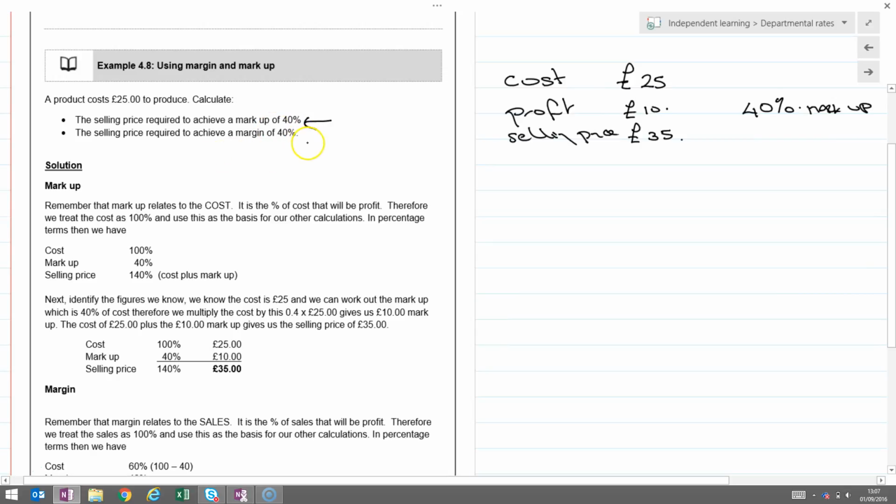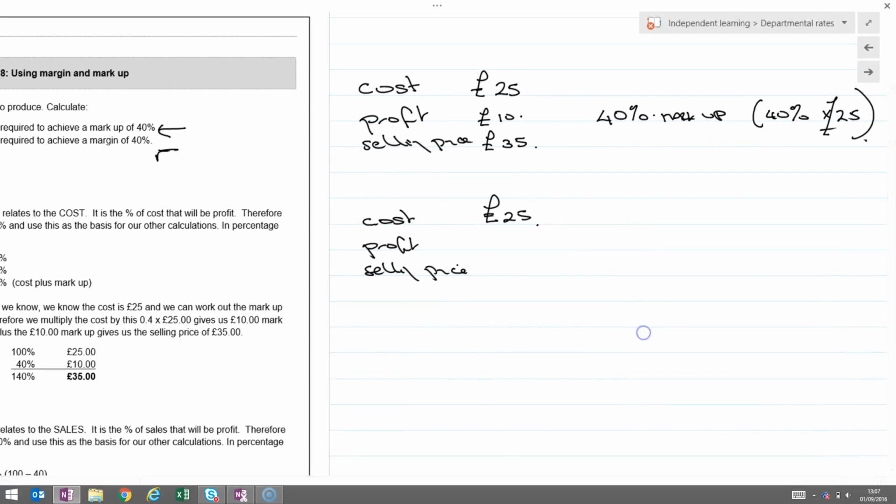Now, the second part of this question, the selling price required to achieve a margin of 40%. So cost, profit, selling price. We know the cost, £25. The profit is to be a 40% margin. So that's 40% of your selling price. And now we have a problem because we don't have the selling price.